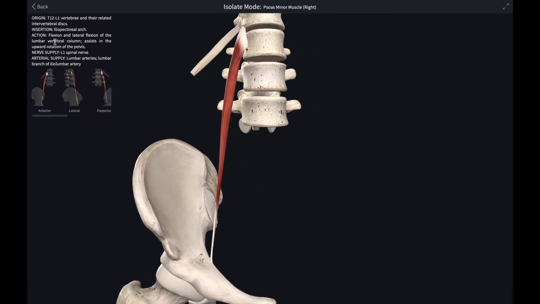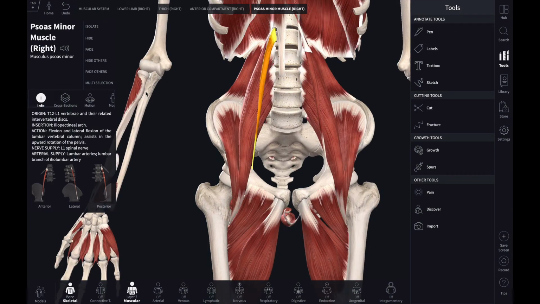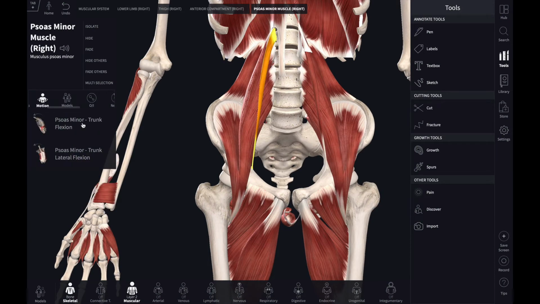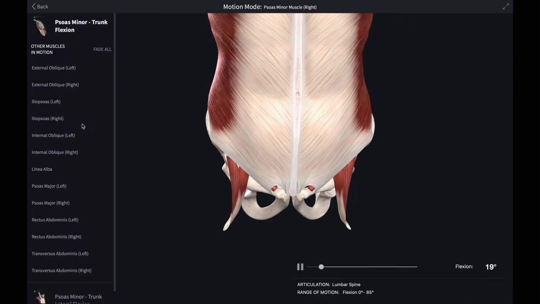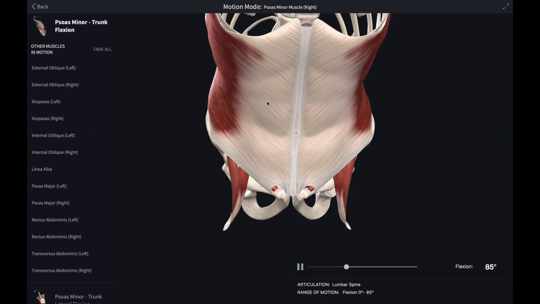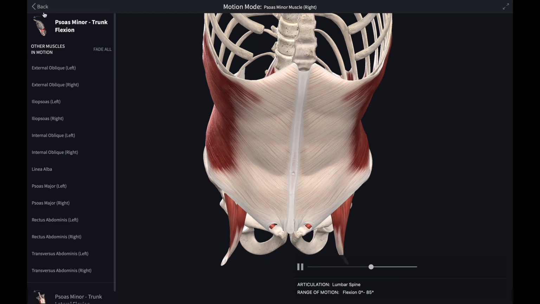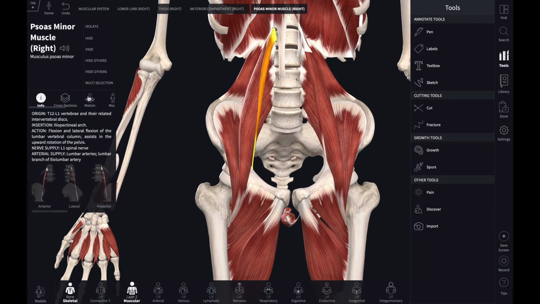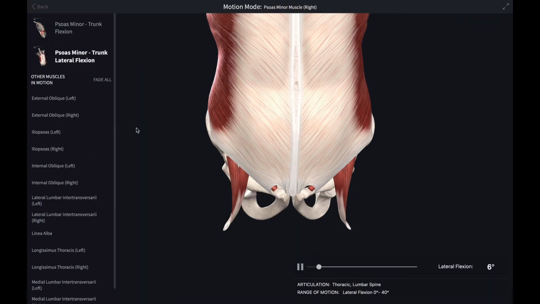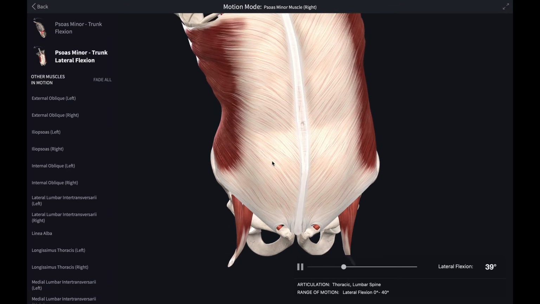So the main movement of the Psoas Minor is actually trunk movement. So trunk flexion, bending forward like that, and also lateral bending, or trunk lateral flexion, like that.